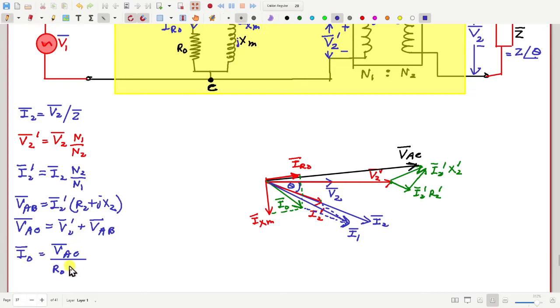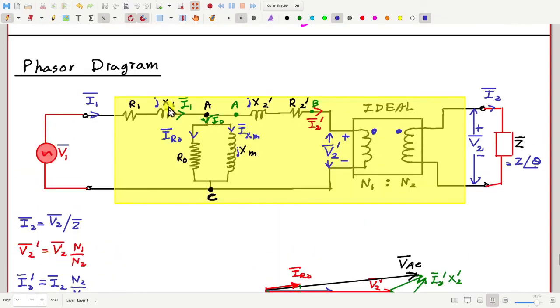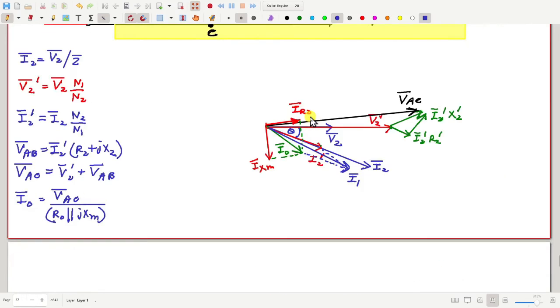R0 parallel jXM. Okay, now once I know I0, then I found I1 as the sum of I0 and I2 prime. So I1 is I0 plus I2 prime.